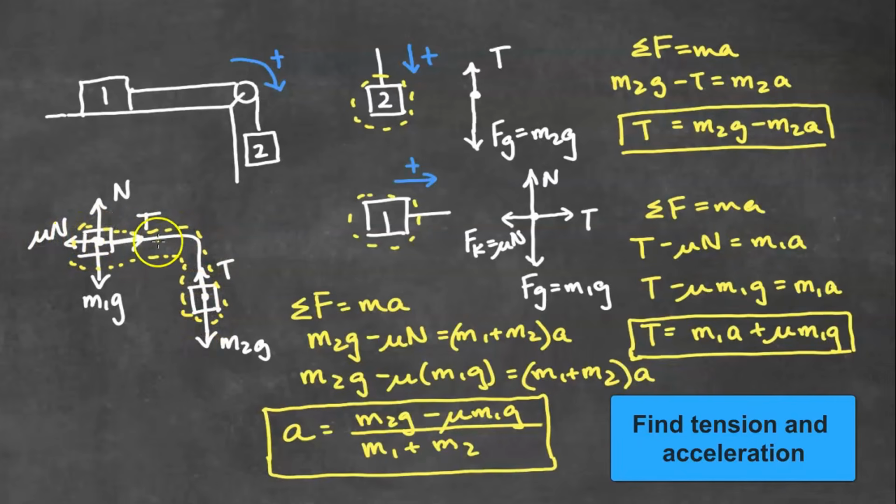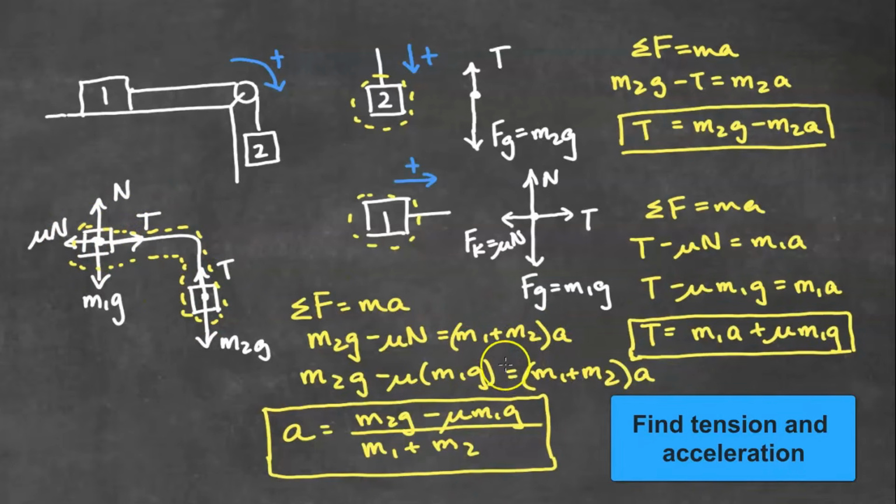So the object is going to the right and then it's going down. So in the positive direction is m2g minus, in our negative direction is mu N, equals, and be really, really careful here, this m is the system mass. It's m1 plus m2. Notice I drew my system boundary here. That's why that's so important.